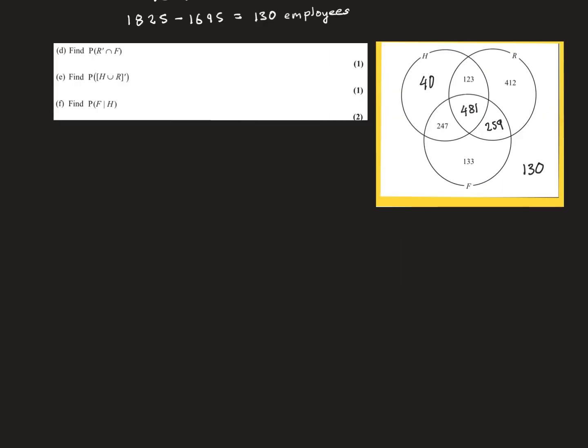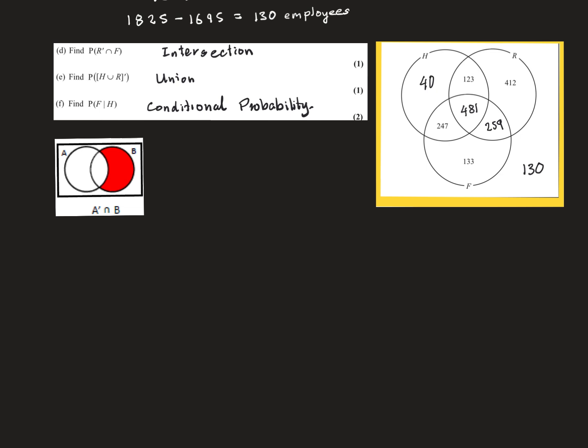The final questions want you to do the probability of an intersection, a union, and also a conditional probability. So this type of intersection should be learned off by heart. One of the things that you'll probably want to note is that if we've got an A complement with intersection of B, it's the B that has the crescent.